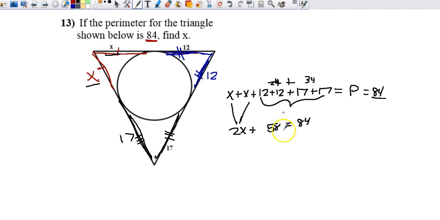And what we want to do last here is subtract the 58. And that's going to give you 2x equals 26, I believe. And if I divide that by 2, I'm going to get 13.